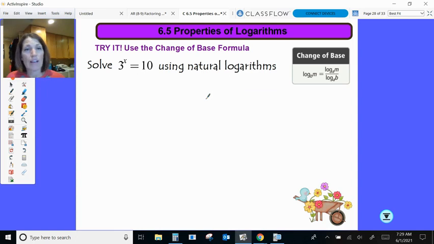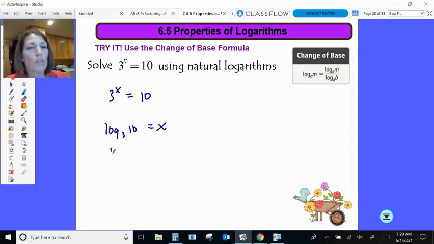You can do the same thing with natural logarithms. So if I go 3 to the x equals 10, I can change the base. So first of all, let's go log base 3 of 10 equals x. Okay, so this time I'm going to change the base to natural log. So natural log of 10 over natural log of 3 equals x.